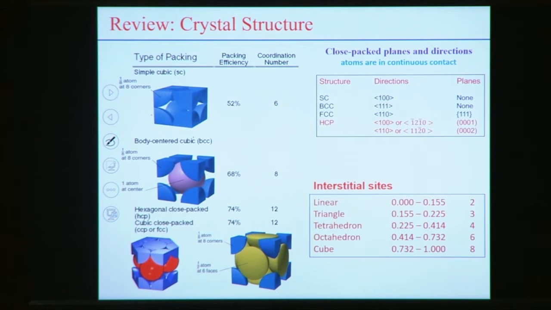But if you look into the hexagonal close pack structure or cubic close pack structure, or we can say the face centered cubic structure, these two structures have a packing efficiency of 74% as well as a coordination number of 12.